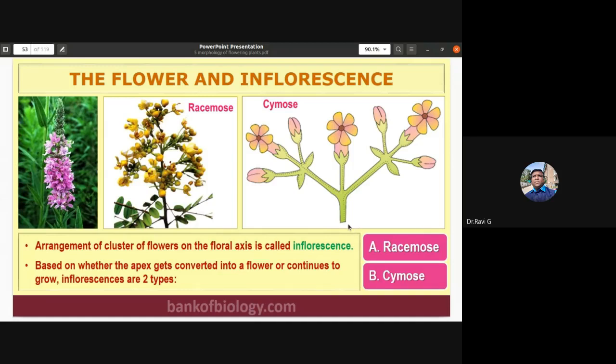In cymose, the peduncle ends up with a flower. It is definite.